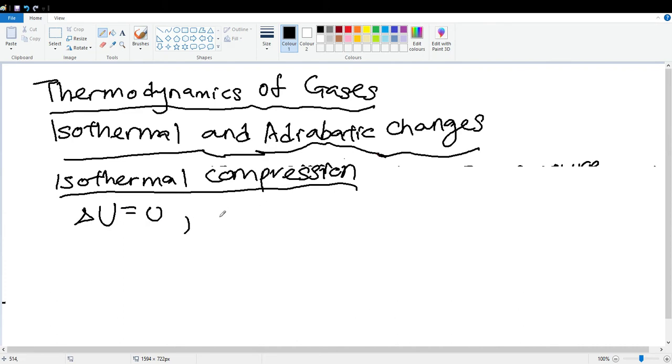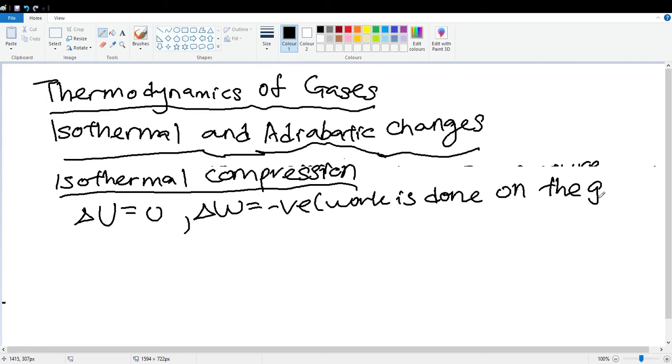As for the compression process, the work done is negative, which means work is done on the gas. This is the condition for isothermal compression. Based on the first law of thermodynamics, the heat supplied equals the sum of the increase in internal energy and the work done. My work done is negative, so the substitution of this work done should be a negative value.